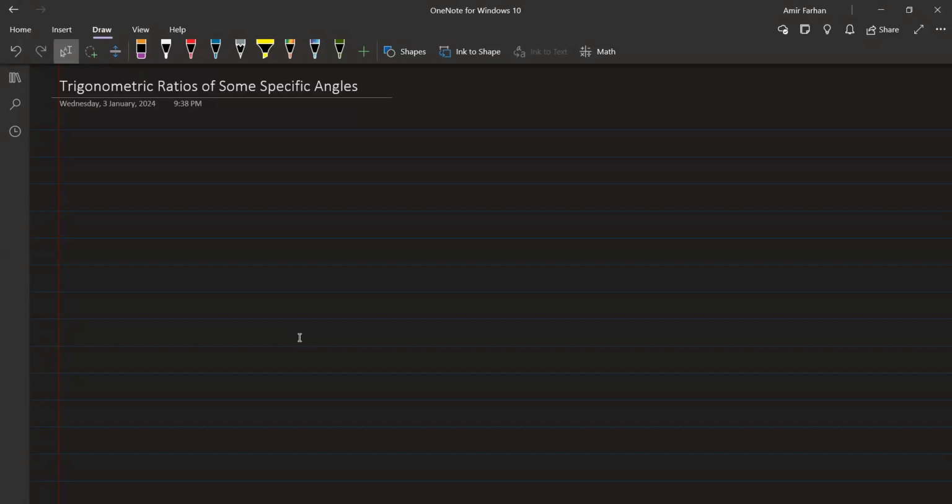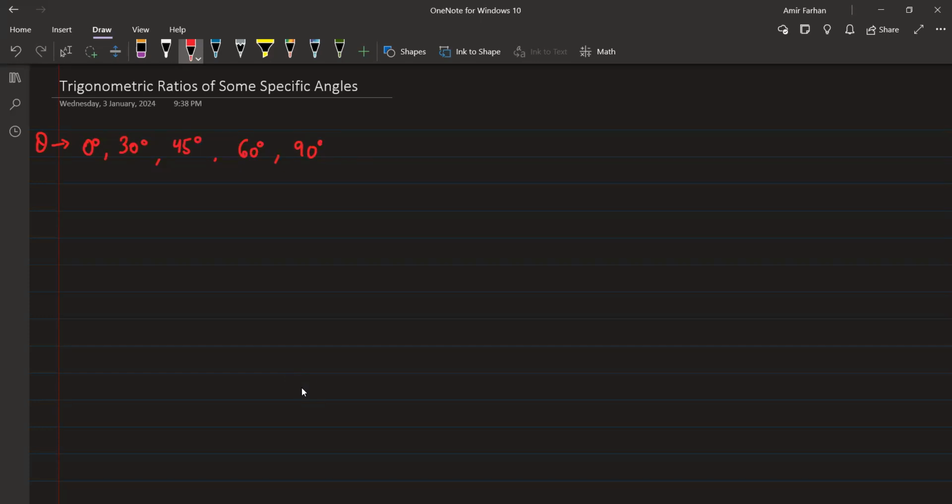We will just be taking some specific angles: theta will be 0 degree, 30 degree, 45 degree, 60 degree, and 90 degree. So these 5 angles will be taken to find the values of all the 6 ratios. Clear everybody?